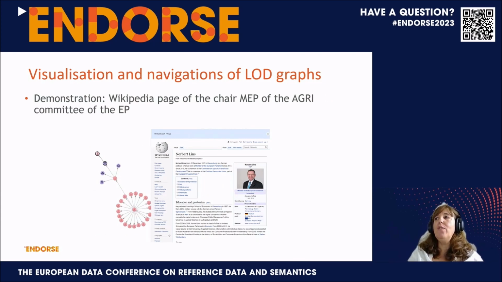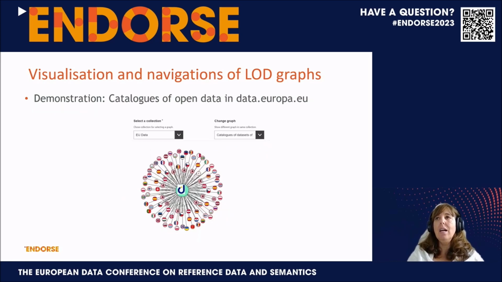This is an example of a Wikipedia page that is an option when we click on a person, in this case, the chair of the Agri Committee, and we click on that node and we can see the Wikipedia page for that person. Next slide. This is a graph, the option, the collection is EU data, and the option is catalogs of data sets, the data sets of open data in Data Europa EU. Next slide.